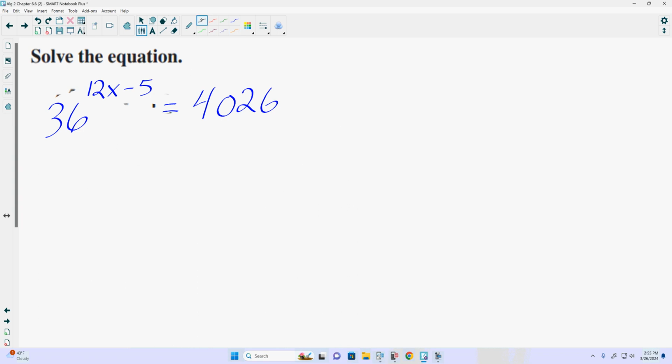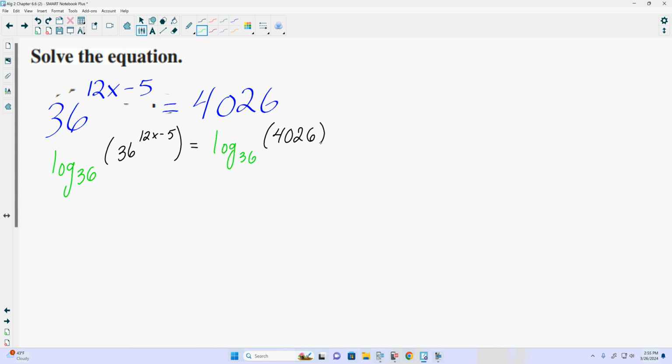Let's look at the next one. 36 to the 12x minus 5 equals 4,026. So what are we going to do first? Again, we're going to apply log base 36 to our 4026 and go from there.